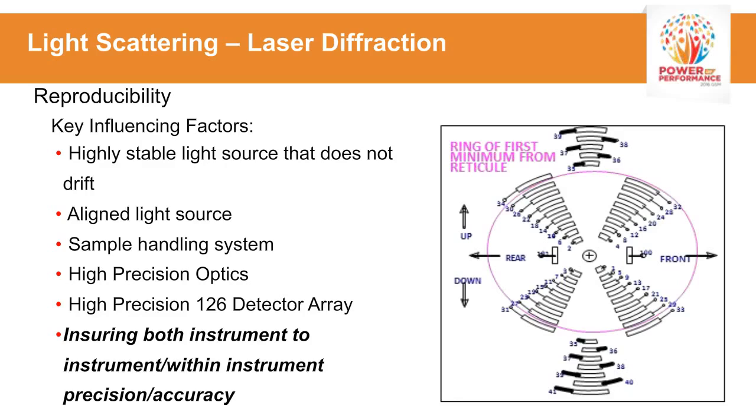The instrument will automatically do this periodically, so the operator doesn't have to remember when to do it. This will ensure very accurate, very precise results from instrument to instrument. So if you're comparing one plant to another, you should be getting the same results. And within the same instrument, precision and accuracy is improved by this basic design.